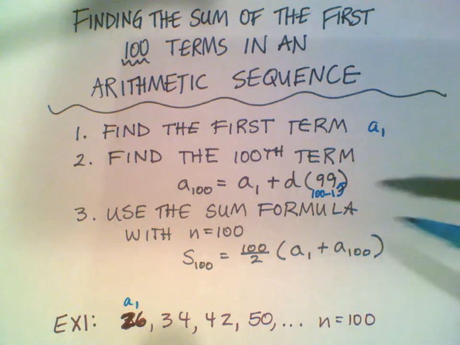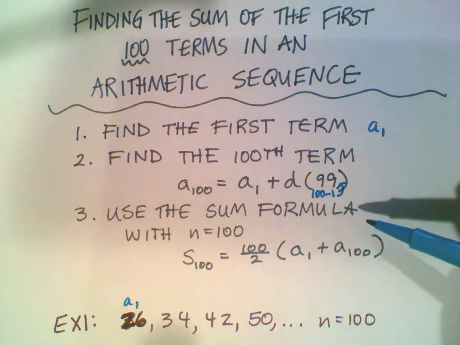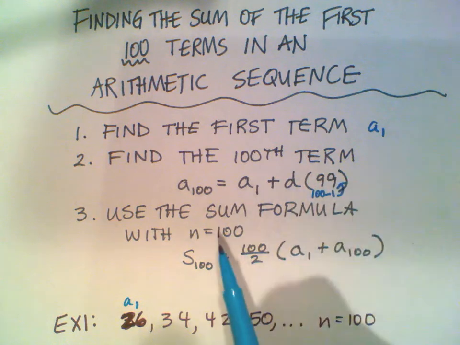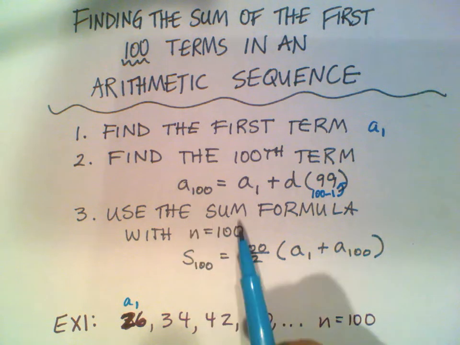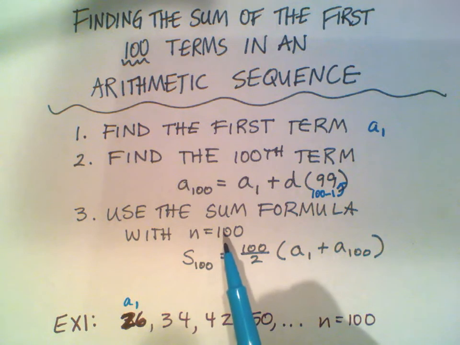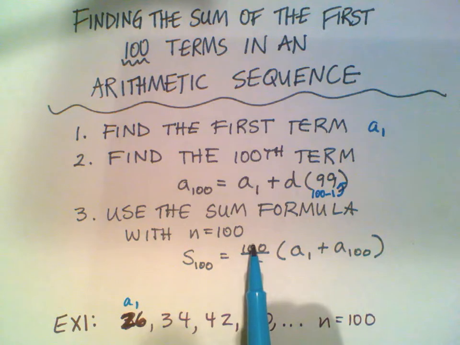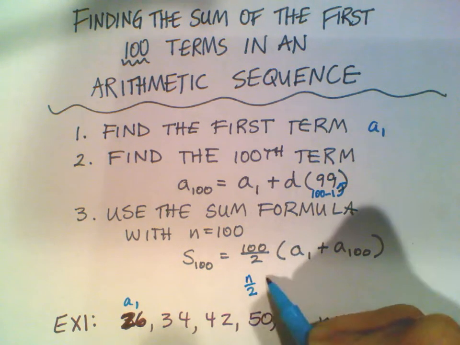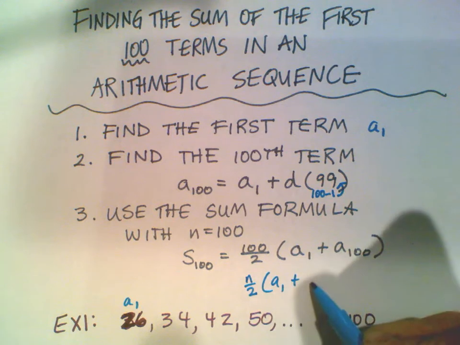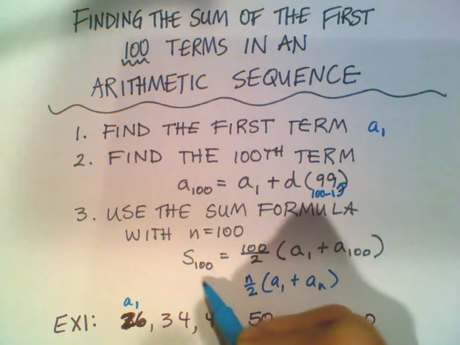And then we're going to put it together with the sum formula that we did yesterday. And specifically, we're going to be doing the sum of the first 100 terms. So our n in this case is always going to be 100. So when we put it in the formula, n over 2 was the general form. It was n over 2 times a sub 1 plus a sub n.